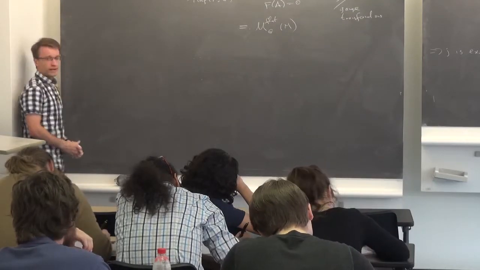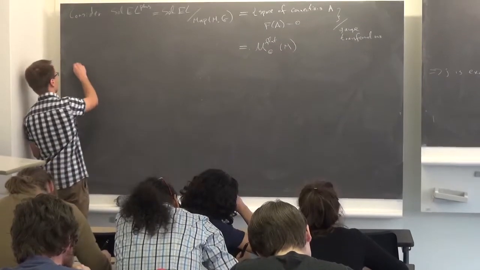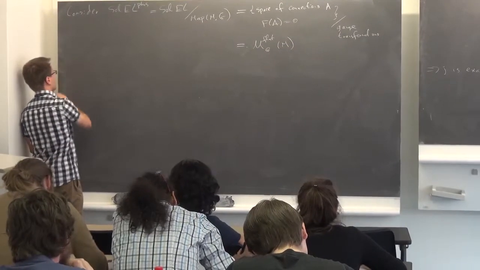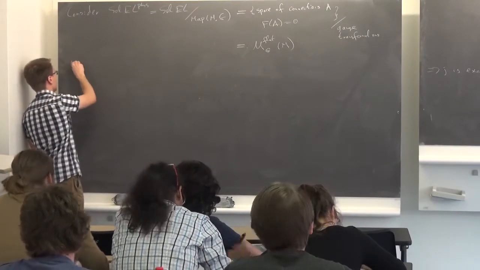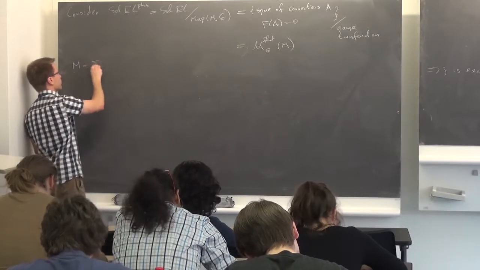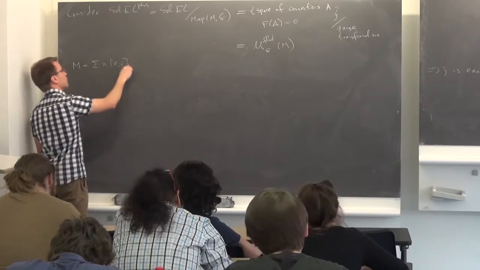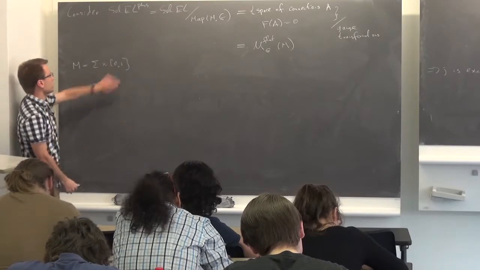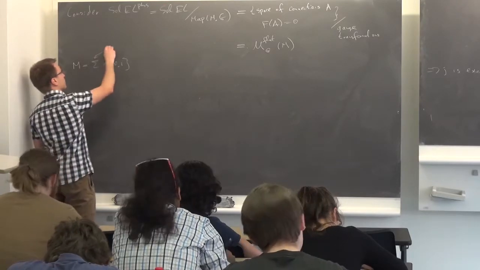Okay, let me give some facts about this space. First of all, I'm going to assume that M is a product of sigma and the interval, where sigma is again a closed Riemann surface.